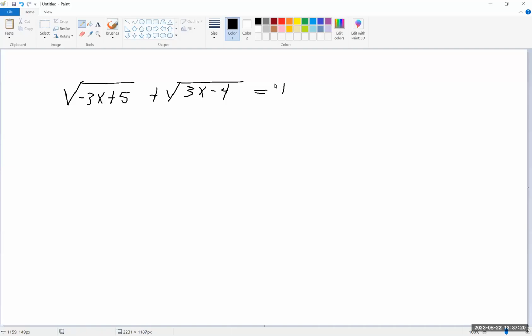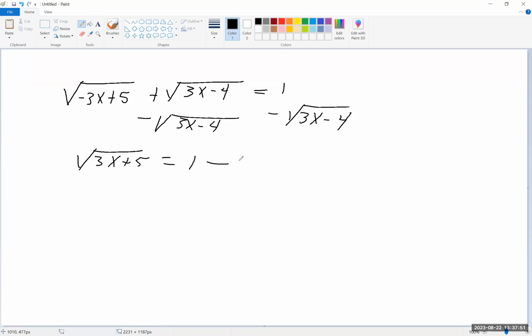Okay, so what I'm going to do with this one, I am going to subtract the square root of 3x minus 4 from both sides. So I'm left with the square root of 3x plus 5 is equal to 1 minus the square root of 3x minus 4.